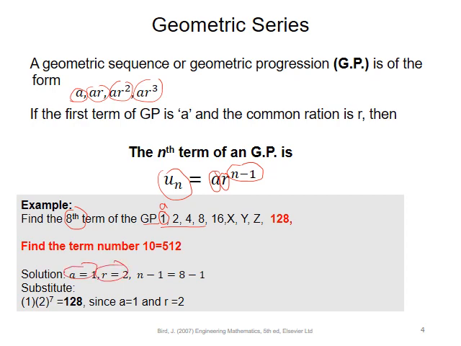And he asked me to find the 8th term. 8th term means U8 equals A R to power n minus 1, which means 7. As you can see here, A is 1, R is 2, n minus 1 is 7. Do the math, use the calculator to find the 8th item. So this is the first item, second, third, fourth, fifth, sixth, 7, 8. 8 items here, okay?